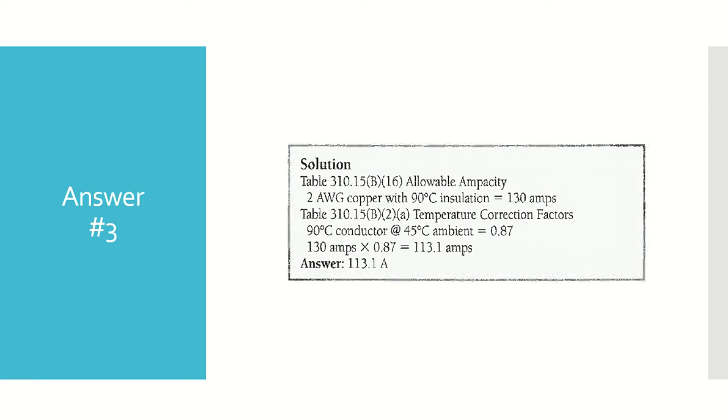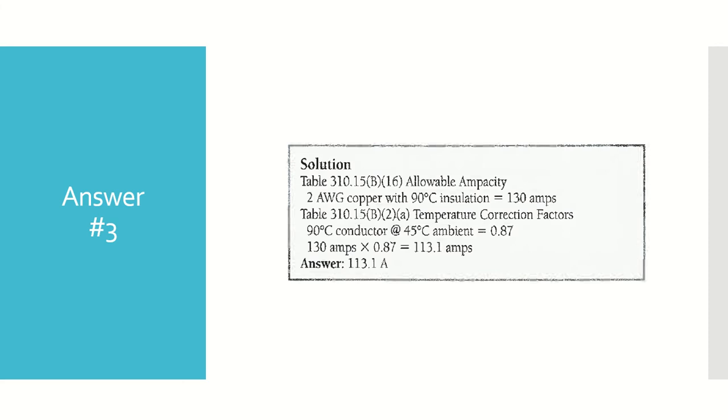I take that 130 and I multiply it by 0.87, which I get out of the ambient temperature correction table. Again, that was a 90°C conductor installed in 45°C. So that's where those two columns meet up, 0.87, giving me an allowable ampacity of 113.1 amps.